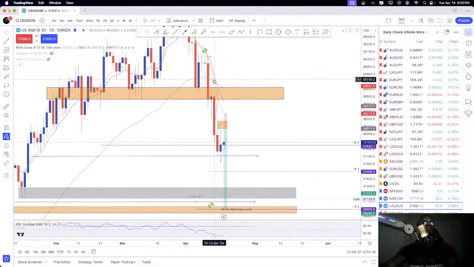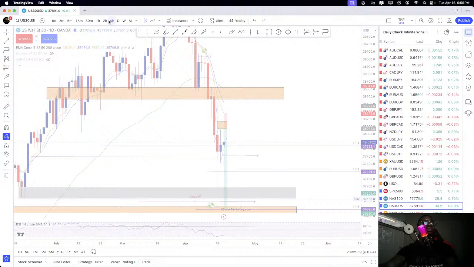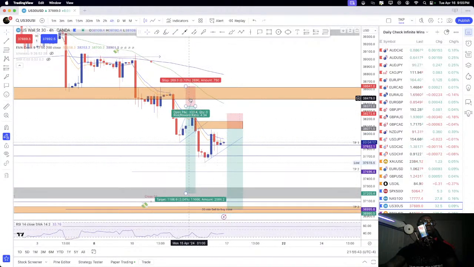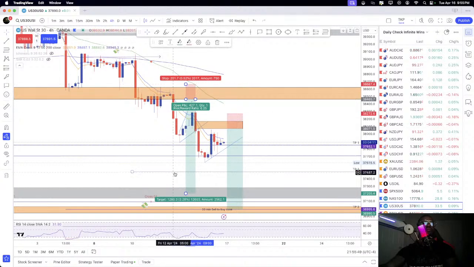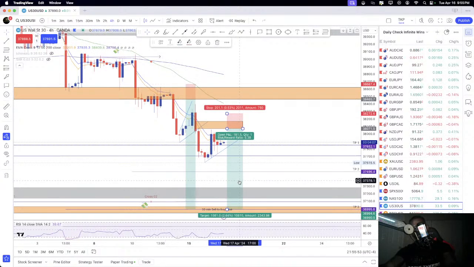All right. But what we can do, let's move this up because we got a double top right here on the 4 hour. Move this down. Delete this baby.